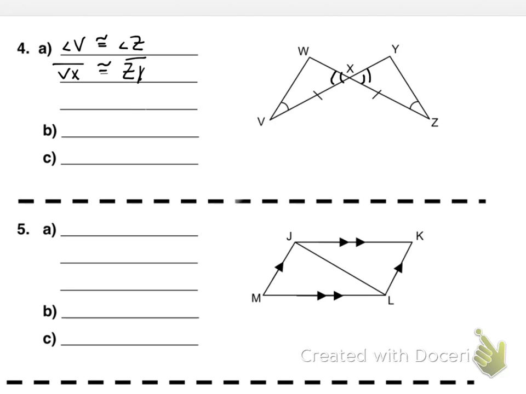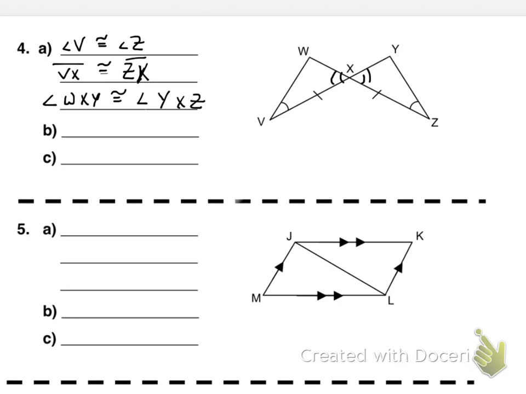That's given to us. And then, since that's a shared angle, vertex X, we have to again name that with 3 letters. So we have angle WXY is congruent to angle YXZ.